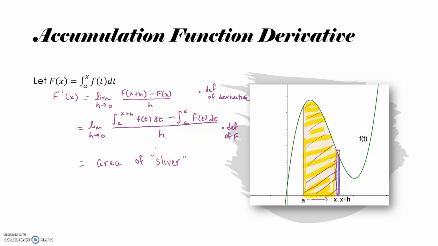And the reason it's the area of that sliver is because from a to x plus h would be all the way out here. From a to x would be to this far. So if we subtract, then we get just the sliver. So it's the area of the sliver divided by h, and it's the limit as h goes to 0.